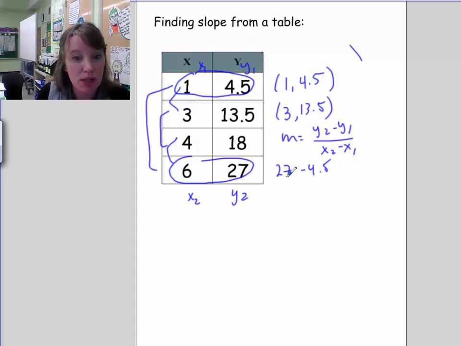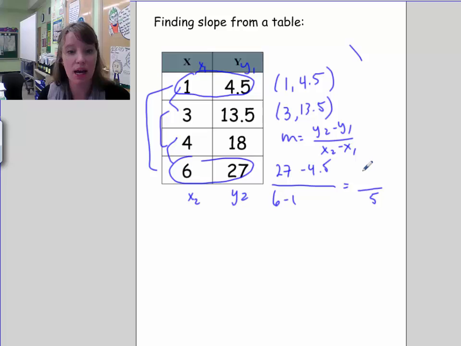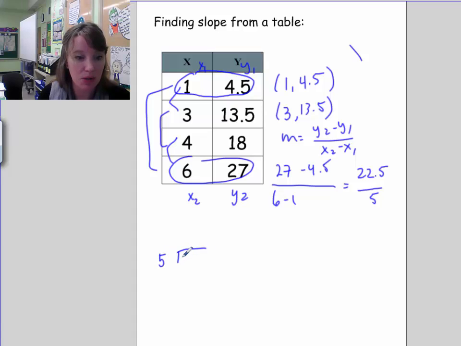So this would be 27 minus 4.5 over, let's see, 6 minus 1. So that's over 5. 27 minus 4 is 23, minus a half is 22.5. So it'd be 22.5 over 5. It'd be a little easier if I used these 2 coordinates right here. So strategically I could have done that, but let's just go ahead with this method.